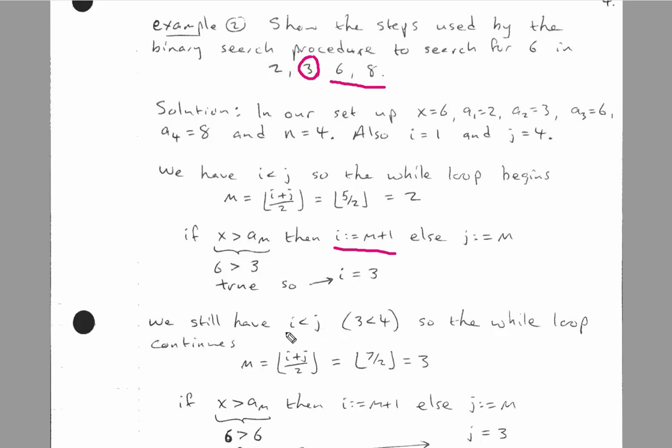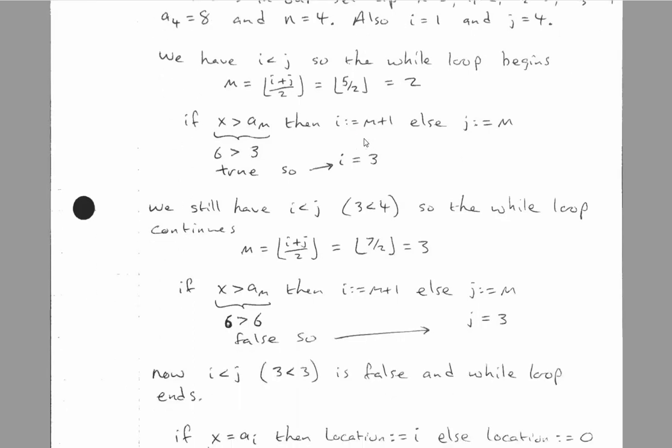Now go back to the start of the while loop. i is still less than j, 3 is less than 4. So continue. m is now 7 over 2, that's 3.5. The floor of that is 3. Comparing x with a sub m, a sub 3.